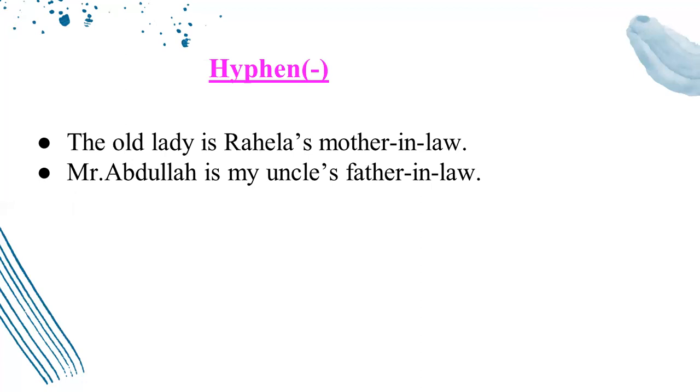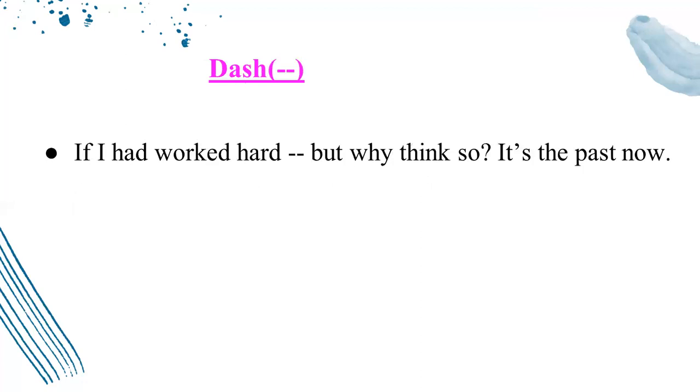Okay. Next, dash. Look at the sentence carefully. If I had worked hard, then there is a dash. But why do we think so? A dash is used in a sentence when there is a sudden change in thoughts. If I had worked hard, then there's a sudden change.